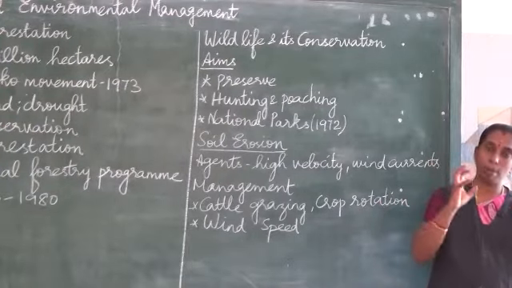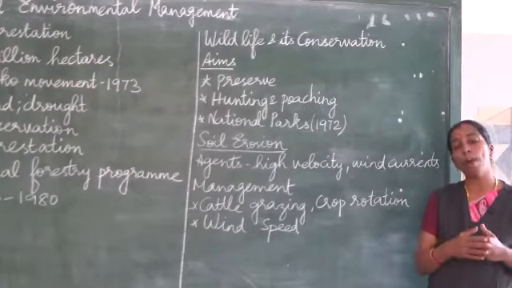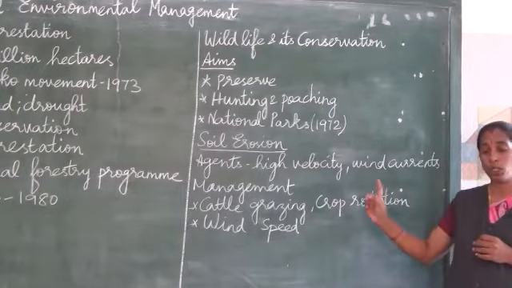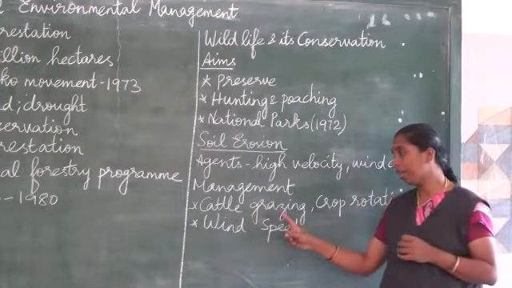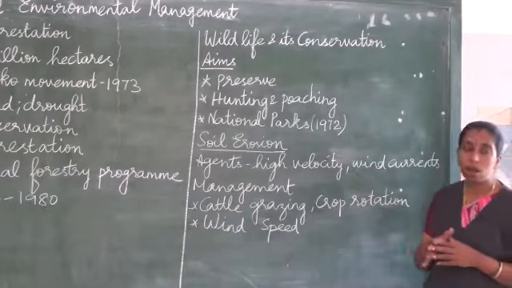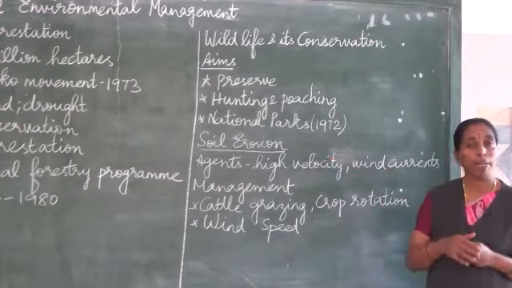Those plants can be added to the soil and plowed in, and then they can grow paddy again. So crop rotation will avoid soil erosion. Cattle grazing and wind speed should be controlled, and if the velocity is controlled, then soil erosion can be completely controlled.